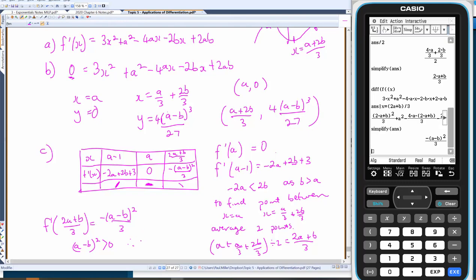Therefore, negative a take b squared is always going to be less than 0. And we're dividing a negative number by a positive number there, which means that negative a take b all squared over 3 is less than 0, i.e. it's negative.